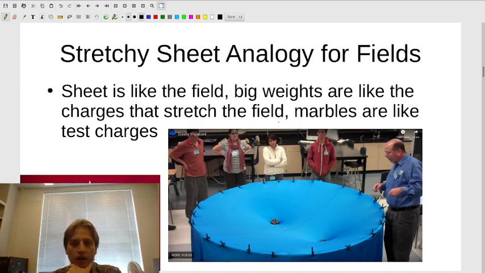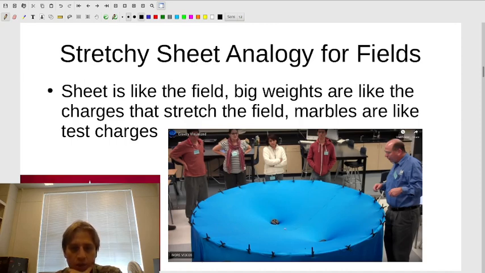Now, a popular way of visualizing the gravitational field, for instance, would be to say, okay, what's happening is kind of like a big stretchy sheet. And that big stretchy sheet is the field in space. And if you have masses positioned in space, that causes the field to stretch out. Then this instructor would throw some marbles on here, and the marbles would roll around on the sheet.